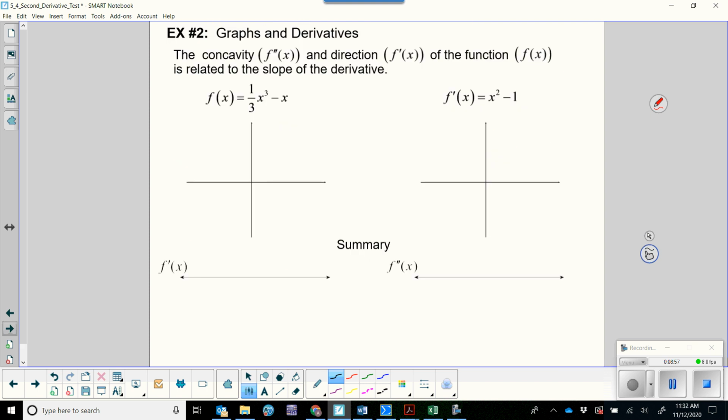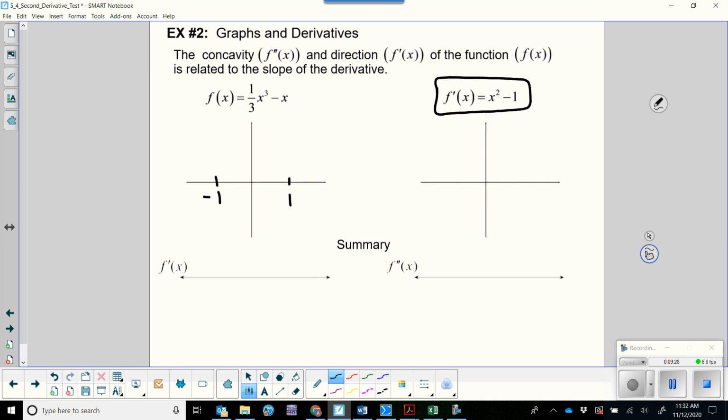All right, so let's look at this graph and its derivative and look at how that summary goes. See how they're related to the slope. If we have the graph one-third x cubed minus x, and we put a few points on our graph here, we would have points at -1 and 1, because if you take the derivative, you get x squared minus 1.